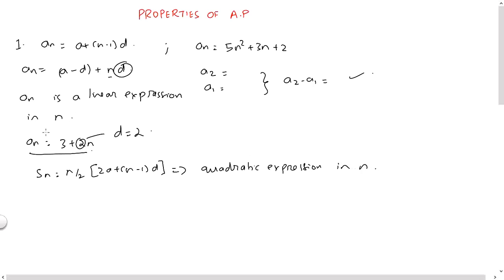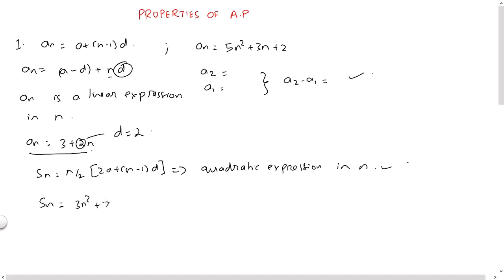So just as the nth term of an arithmetic progression is a linear expression in n, the sum of n terms is a quadratic expression in n.